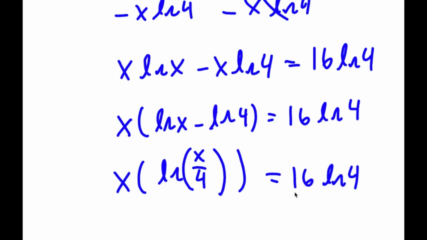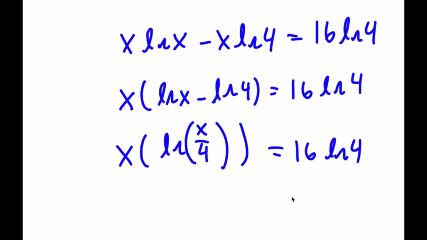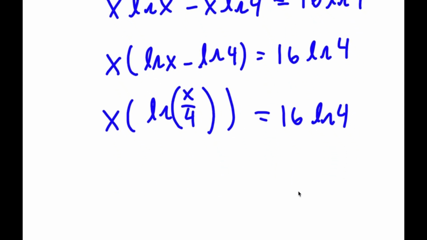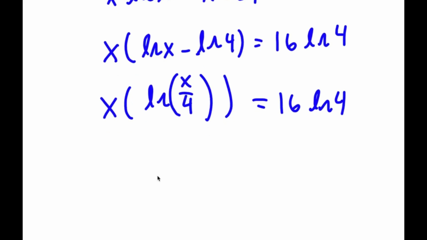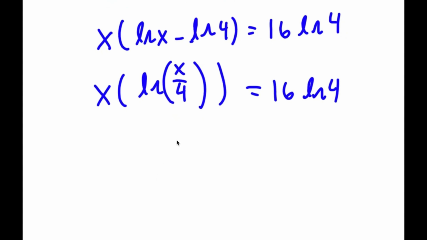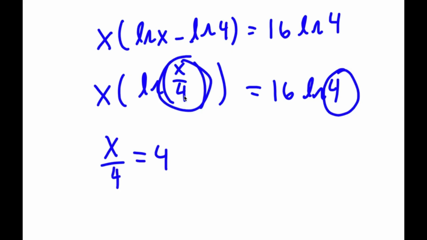And now this is essentially saying that x over 4 is equal to 4 over here. These two are equal to each other.